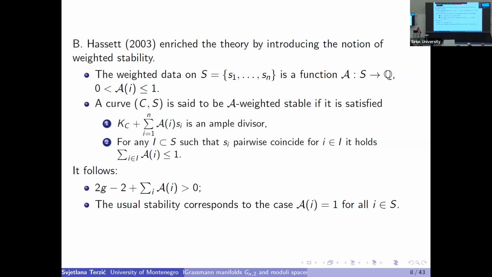These are his conditions of weighted stable pointed curves. And now the condition that this divisor is ample implies that the degree of the divisor has to be positive, so 2g minus 2 plus the sum of the weights has to be non-negative. And then we see that the usual stability condition corresponds to the case when all weights are equal to 1.